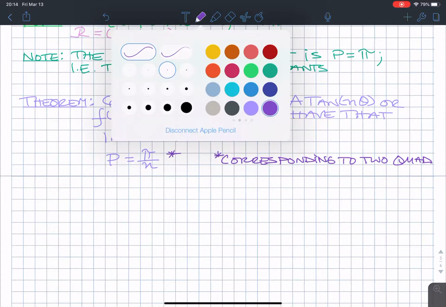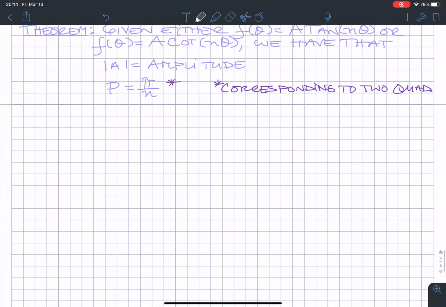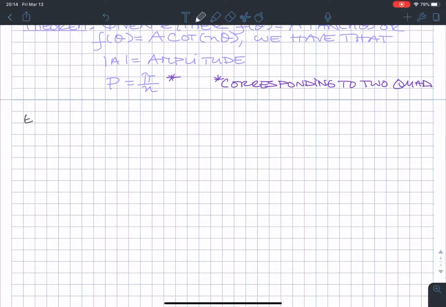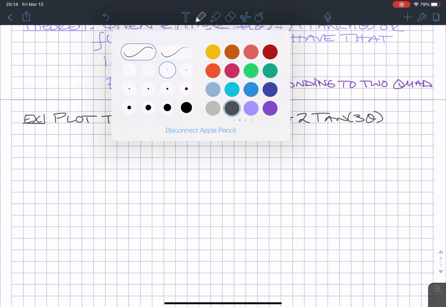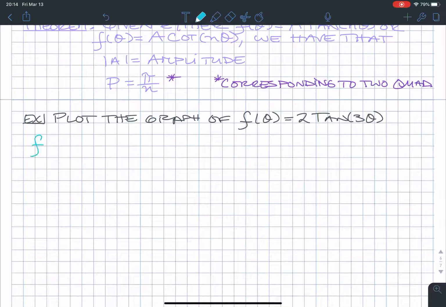Okay, so let's go ahead and plot an augmented tangent graph. So for example, let's plot the graph of f of theta is equal to 2 times tangent of 3 theta. So we have our function f of theta is 2 tangent of 3 theta.